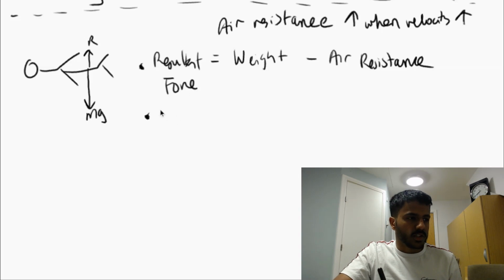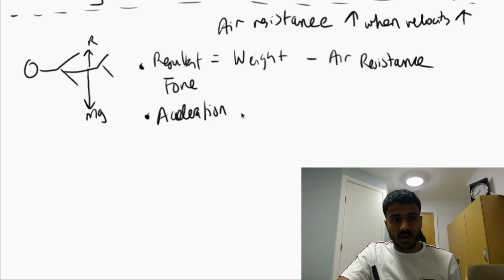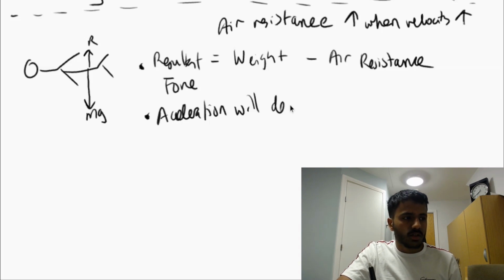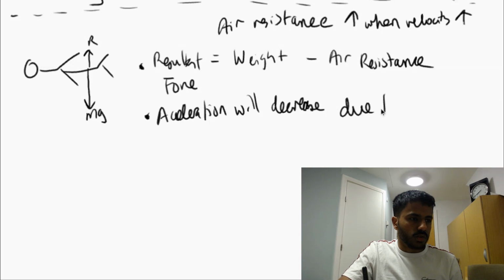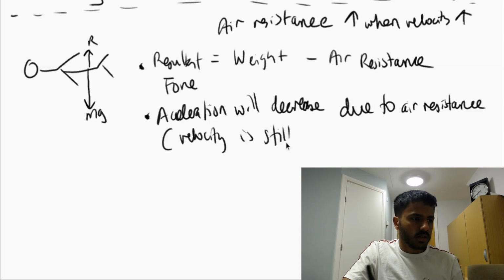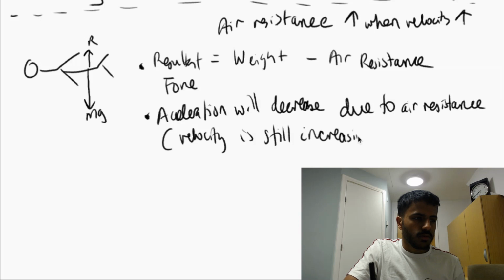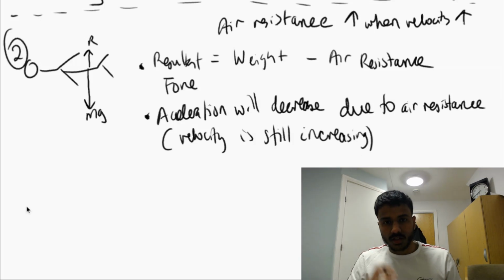So, the acceleration at this moment in time will decrease due to air resistance, but the velocity is still increasing. So he's still getting faster, but he's doing so at a slower rate.